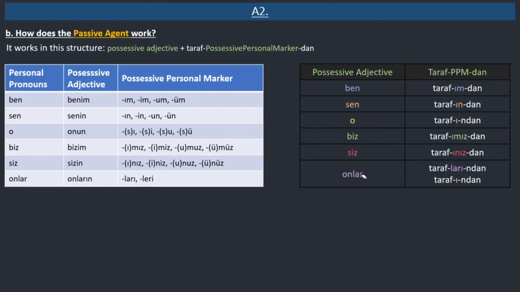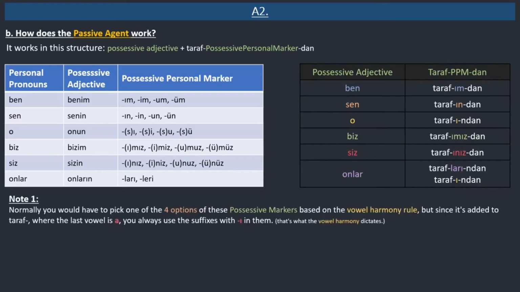Correct, Jasmine. Bravo. And again, I think I have notes here. So there are four options here. It's based on the vowel harmony. The vowel harmony rule says if there's a, you need to use a. And in taraf, there's always a. That's why you always need to choose the endings like ın, ı, ımız, ınız, ları.